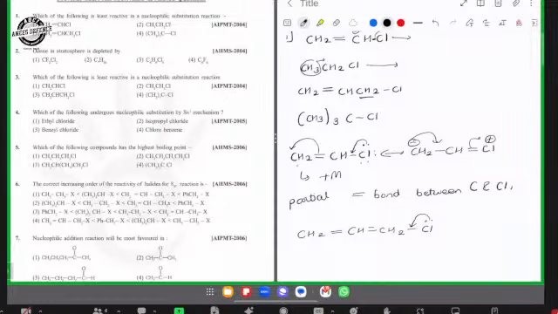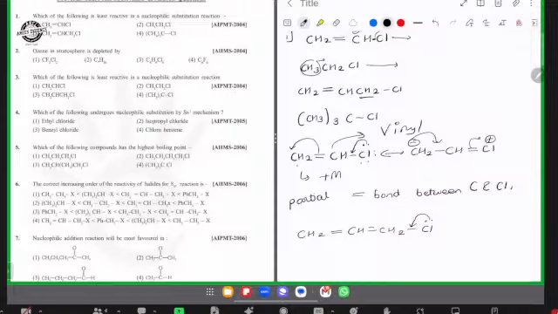Okay. Now they are talking about least reactive. In the first structure, the chlorine's lone pair is completely busy in resonance, so it won't react with any incoming nucleophile. That's why it is least reactive. Basically, when any halogen is directly bonded to a doubly bonded system, that is known as vinyl.